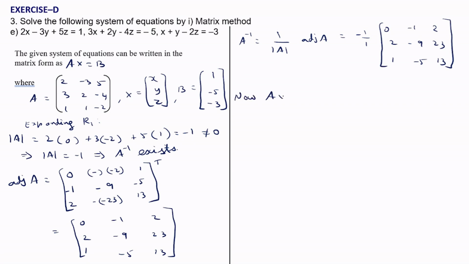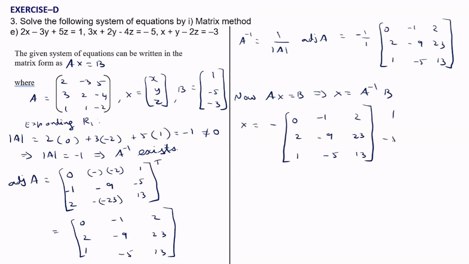Now Ax equal to B implies x equal to A inverse into B. So we already found A inverse. It is minus of 0, minus 1, 2, 2, minus 9, 23, then 1, minus 5, 13 into B, which is 1, minus 5, minus 3.